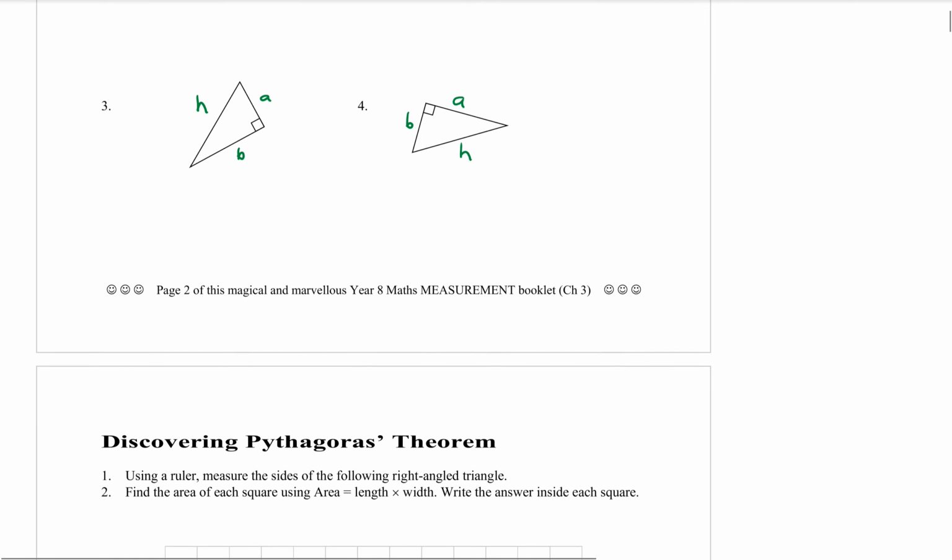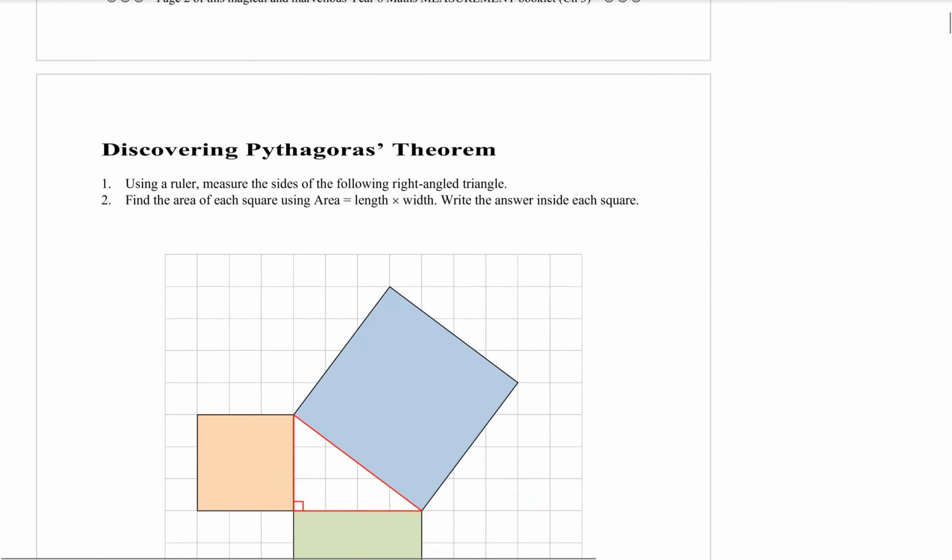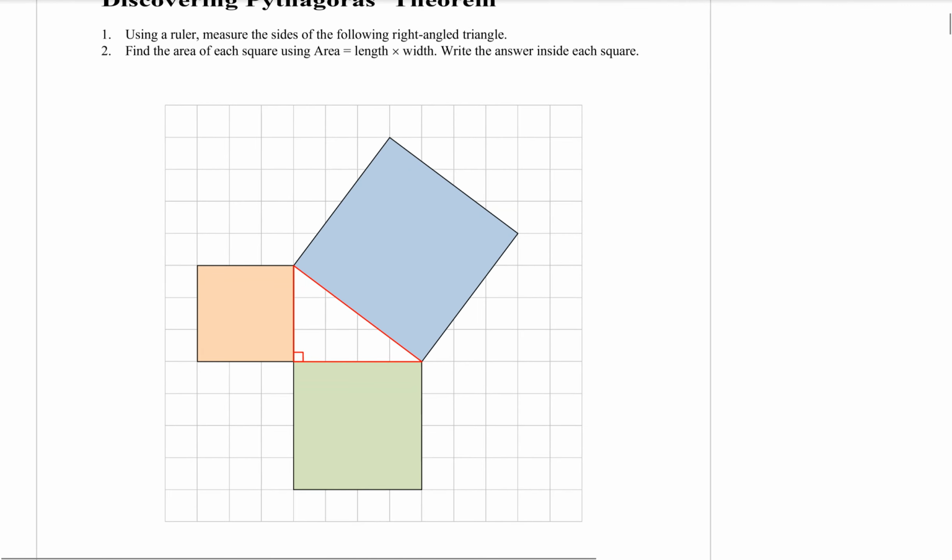So, discovering Pythagoras' theorem. Have you guys got your rulers there? No. Well, okay, for those of you that do, you'll be able to help us out. The rest of us, we can use the grid for some of it. That green square, counting the spaces, how many spaces is the length of that square? 4.